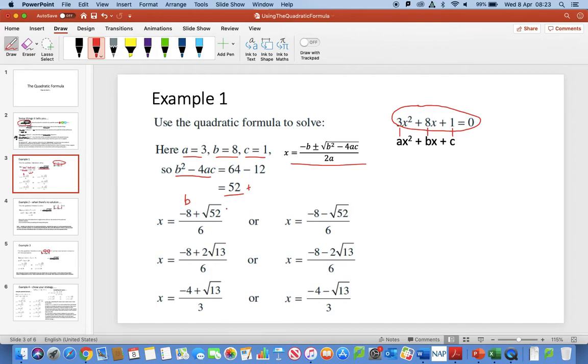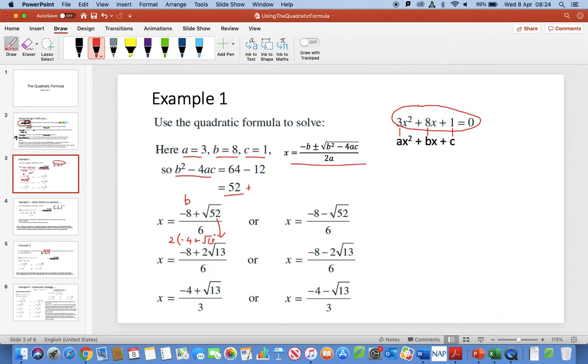So then we can simplify this fraction, minus 8 plus, well, the square root of 52 can simplify to 2 root 13. And we're assuming that we know how to simplify surds now from previous topics and lessons this year. And then that can simplify down to minus 4 plus root 13 over 3, because on the top here there's a common factor of 2. So if I take, for this top numerator here, I'll write up here, if I factorise that, I've got a 2 outside the brackets, minus 4 plus root 13.